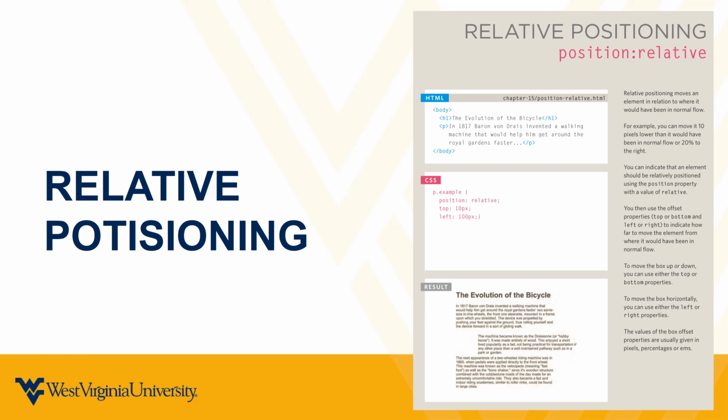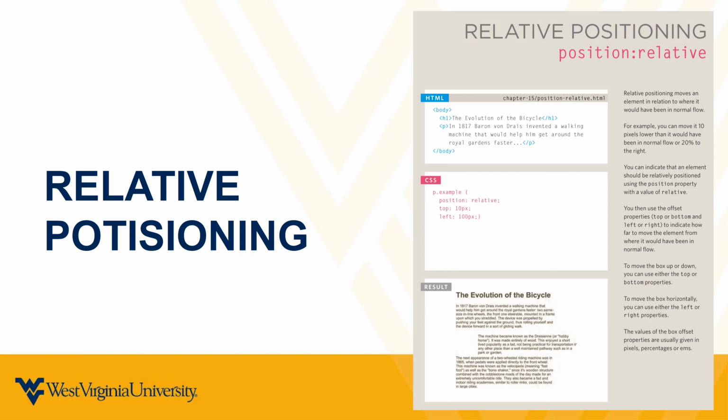I know it's hard to describe. If it was right, it would be going the other way. But it's adding that 100 pixels of blank space on the screen. That's why it's moving that second paragraph in, because that's where the second paragraph is using that P dot example. That's also a good thing when we're getting into classes. That P dot example is the name of that paragraph class.